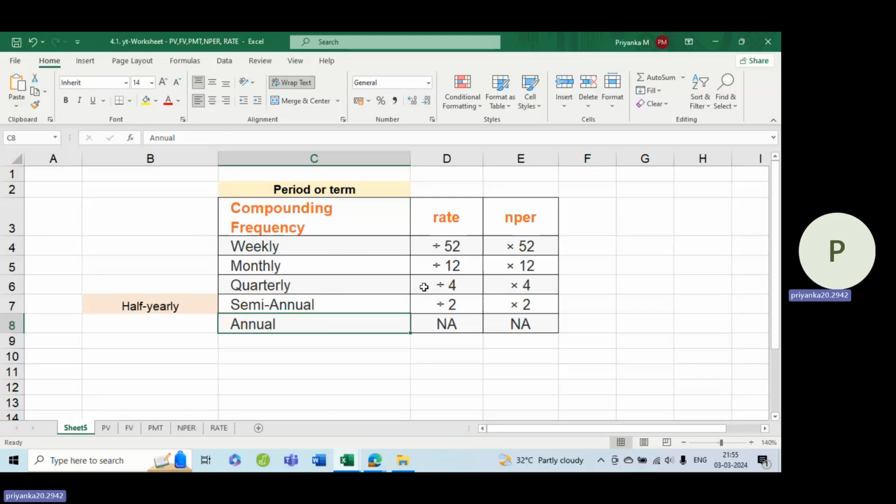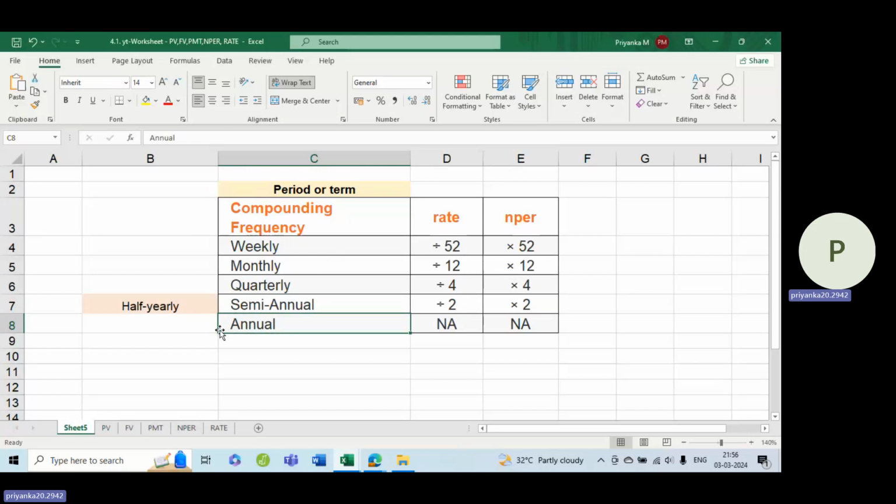Quarterly means 4, divided by 4, and for number of periods you'll be multiplying. Semi-annual or half yearly means 2. Then annual, you just leave it out, which normally means it's divided by 1 and multiplied by 1. So this is just a shortcut.